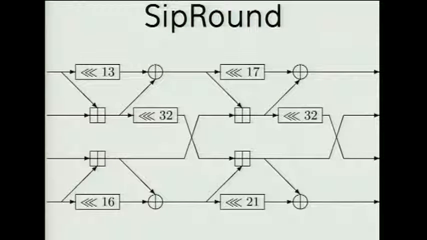So what does SipRound look like? It's just a simple sequence of operations from the left side to the right side. So you see we're just doing XORs, integer additions, and word rotations.